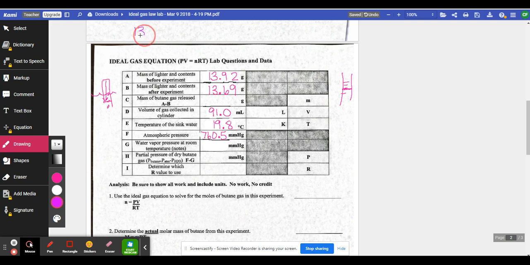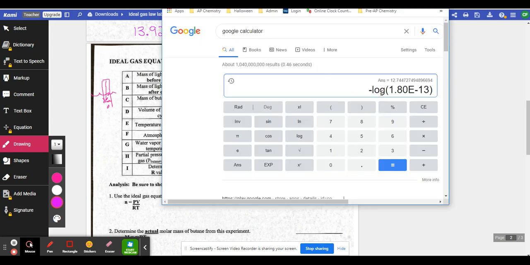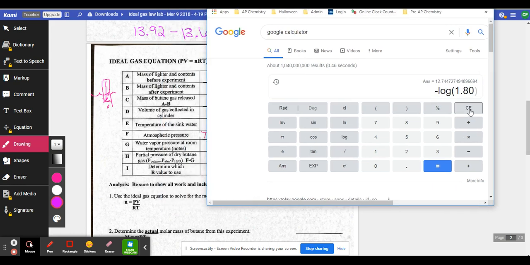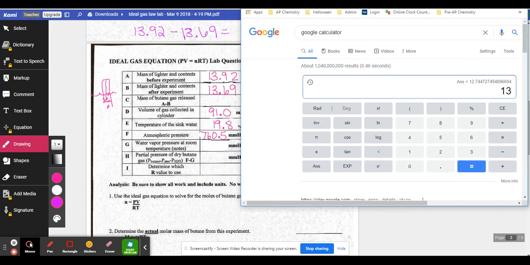So we're going to take 13.92. We're going to subtract 13.69 in order to get our answer of mass of butane that was released. So when we do that, we get 0.23.